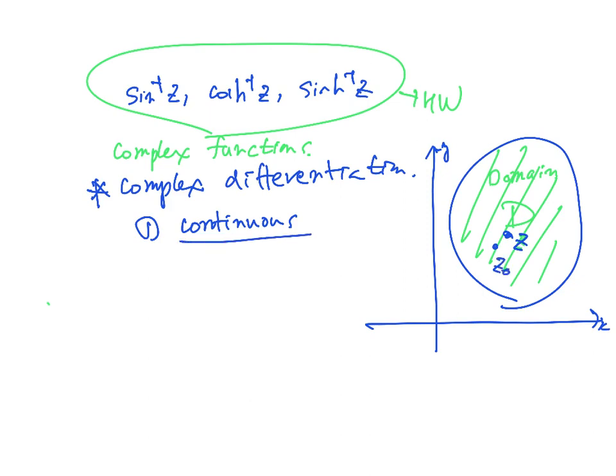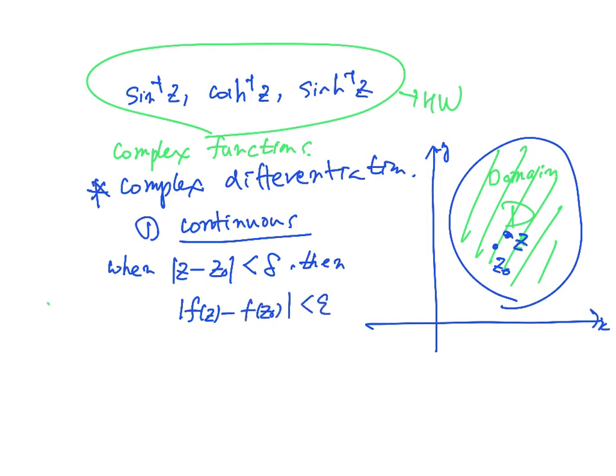Continuous means when |z minus z0| is smaller than delta, then |f(z) minus f(z0)| is smaller than epsilon, for very small delta and epsilon both greater than 0.